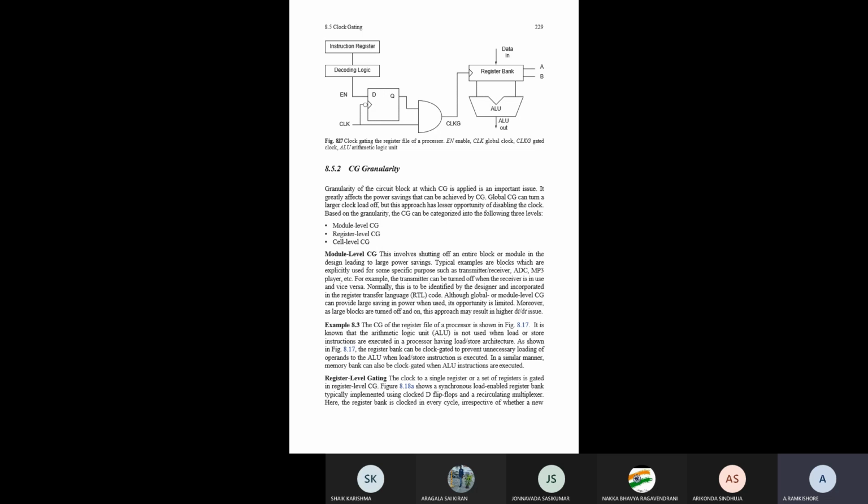That is about the different clock gating approaches used in different digital circuits.